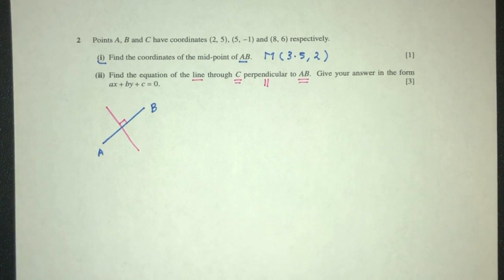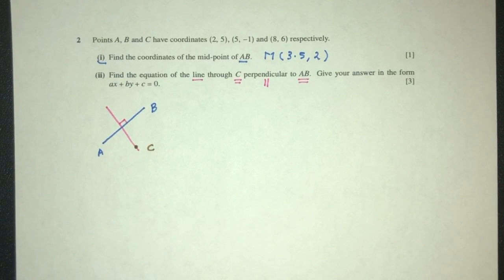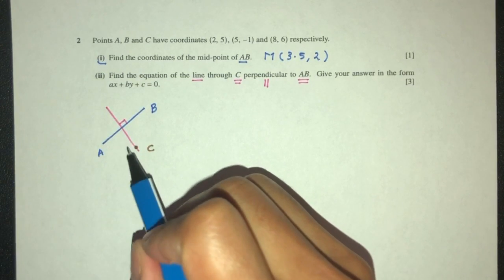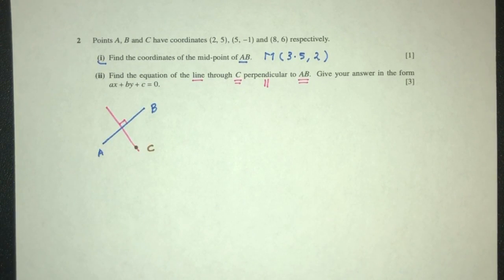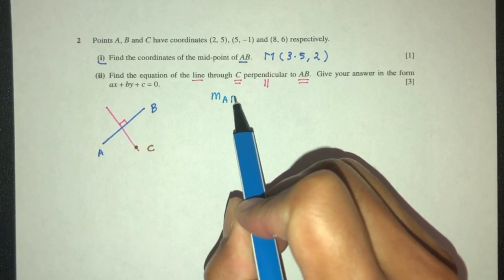And the passing point is through C, so let's say C is somewhere over here. So we have a passing point, and we need to find the gradient of the line, so we can find the equation. To find the gradient of this line, we have to first find the gradient of AB.